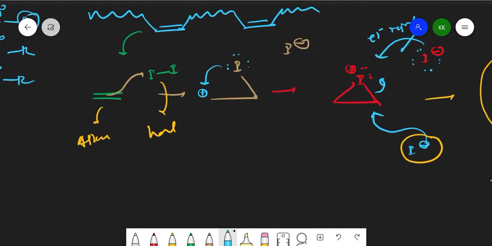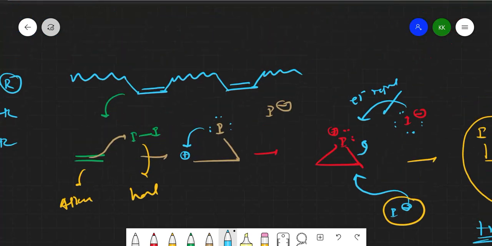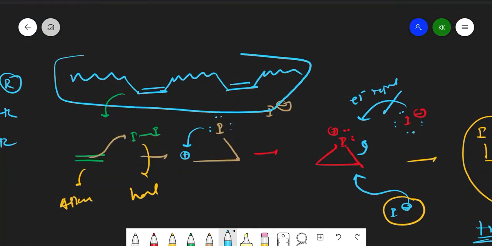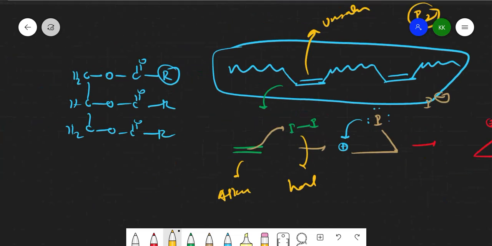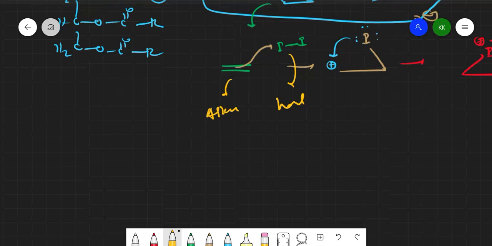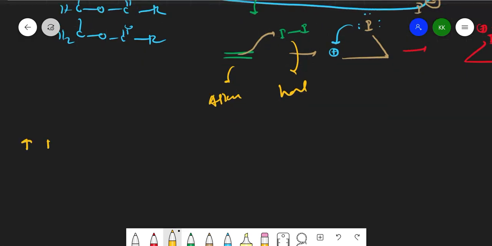So whenever I have more number of unsaturation in the R group, these double bonds are called unsaturated bonds, and greater will be the number of iodine required. Because of which I always tell, greater the iodine value, it means greater number of iodine this oil and fat has consumed, means greater will be the unsaturation in that oil or fat, right?